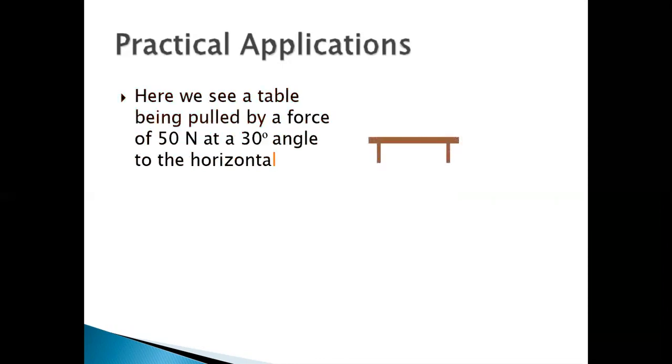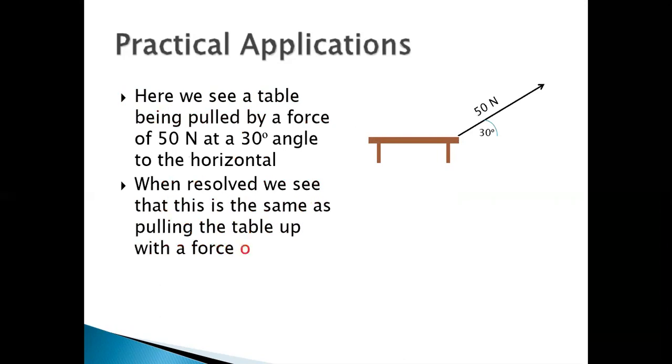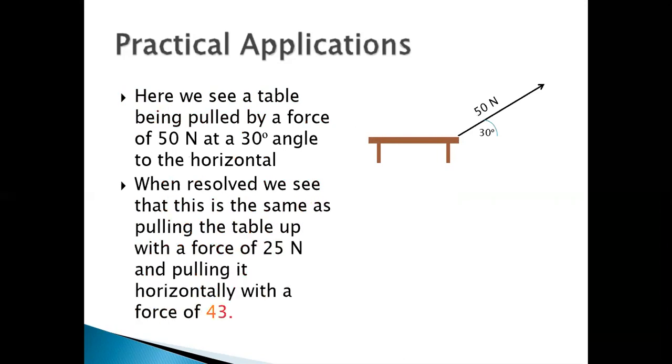Let's look at practical applications. You're going to enjoy this lesson, just pay attention. Here we see a table. Let's look at this table. Just listen to the explanation. Here we see a table being pulled by a force of 50 newtons at a 30-degree angle.